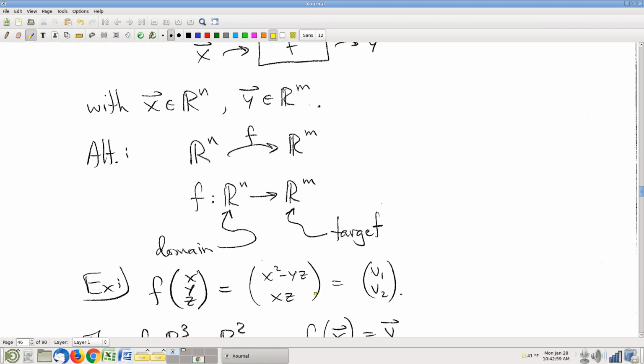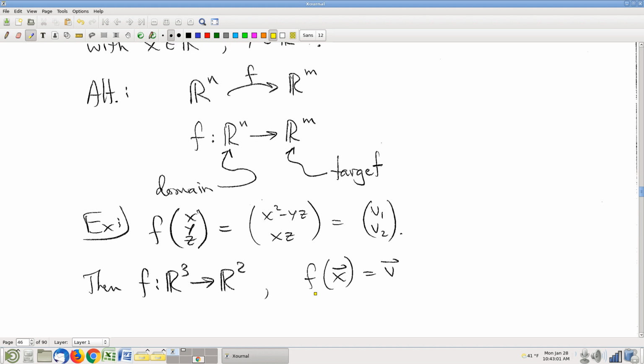Okay, so here's an example. There is a multivariable function. It's got three inputs. It's not a single number going in here. We've got x, y, and z all going into this function at the same time. You might say a vector in R3 is the input.